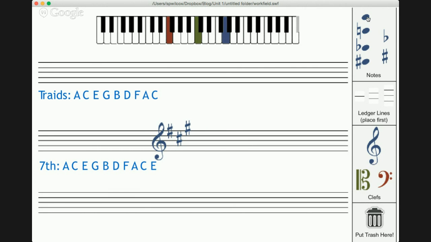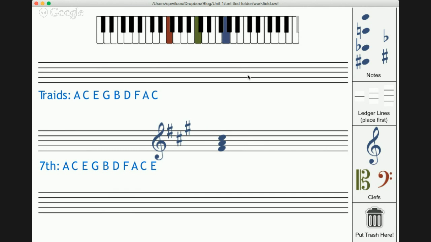So let's build a chord. Let's do one of the chords we were looking at before. We have an F sharp, an A, and a C sharp, right? So F sharp, A, C sharp.